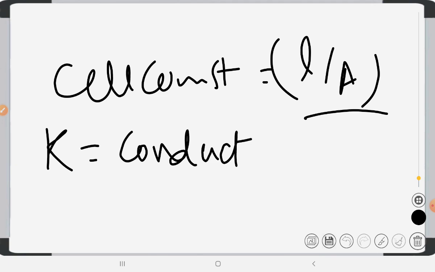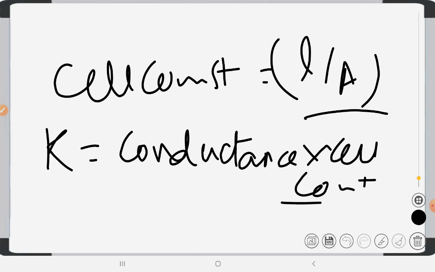Let me just refer to my notes and I'll tell you. Yes, conductivity is equal to conductance into cell constant, right? So conductance into cell constant is known as your conductivity.